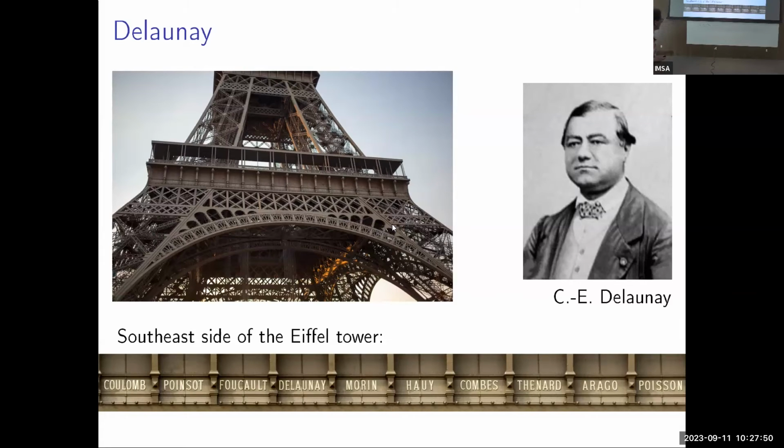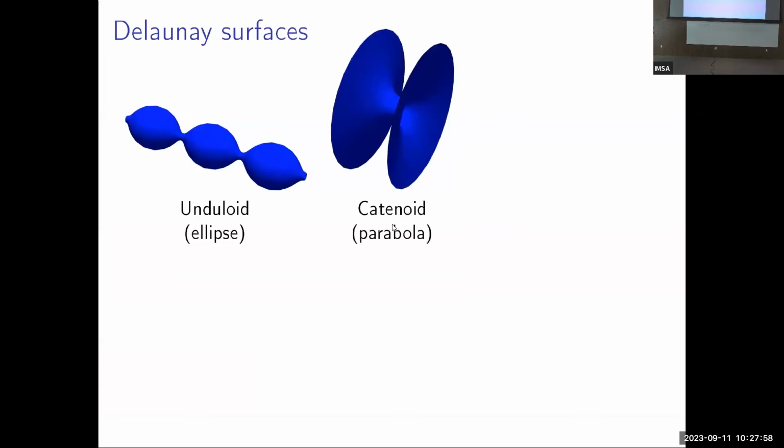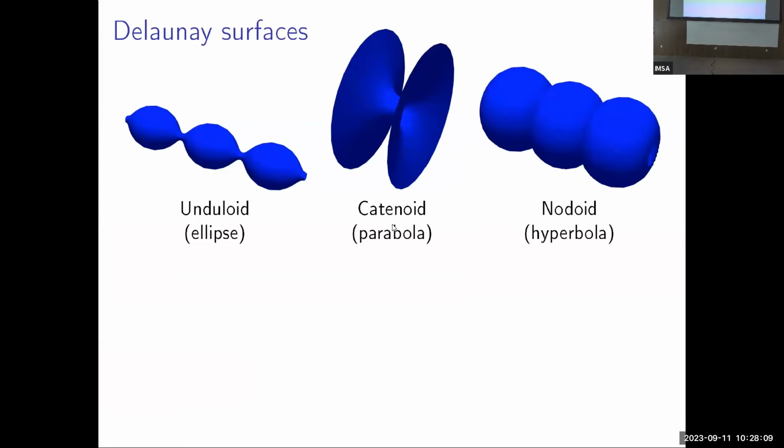But I was also very happy when I saw this. The Delaunay surfaces include the unduloid if you take an ellipse. If you take a parabola and take the focus, then the roulette gives a catenoid, which is the minimal surface. If you take a hyperbola, you get a nodoid, and that's not embedded.